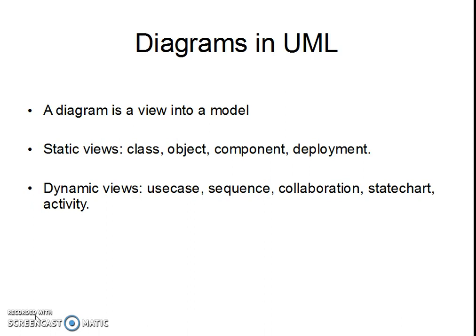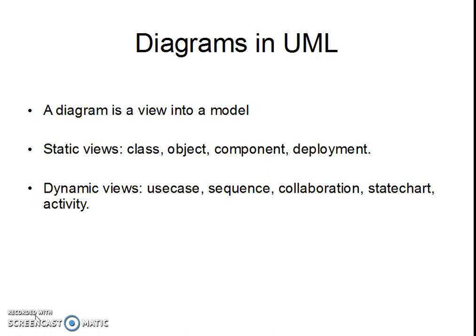UML diagrams can be broadly categorized into two parts. First is the static part and second is the dynamic part. In the static view, diagrams like the class diagram, object diagram, component diagram and deployment diagram come.